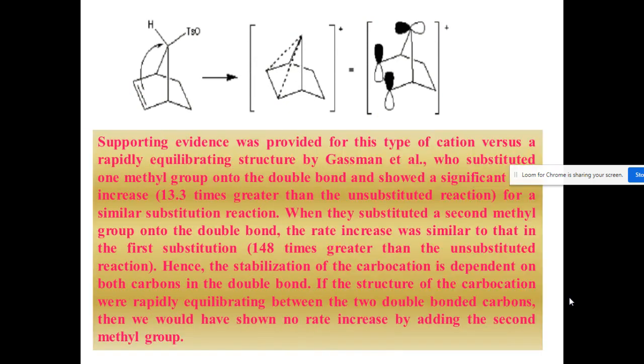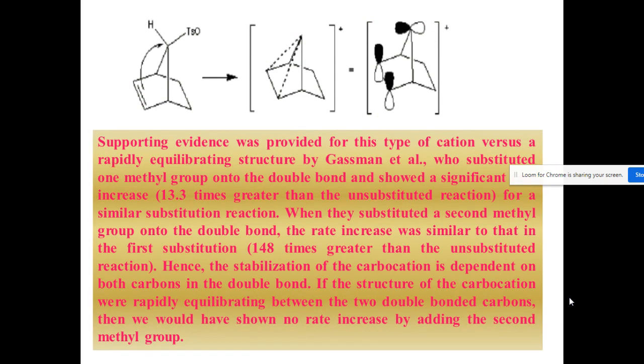This is the example for which supporting evidence was provided for this type of cation versus a rapidly equilibrating structure by Gassman et al., who substituted one methyl group onto the double bond and showed a significant increase, nearly 13.3 times greater than the unsubstituted reaction.